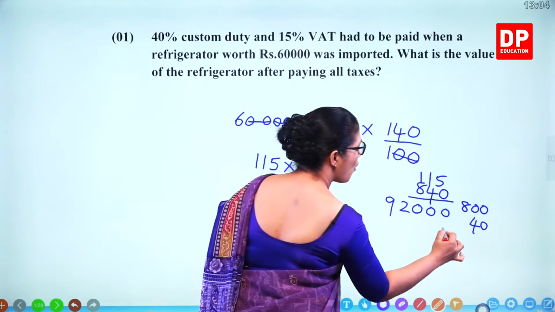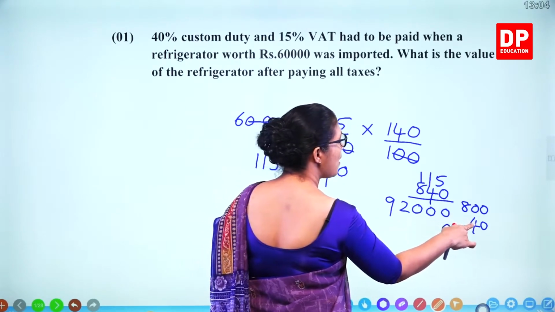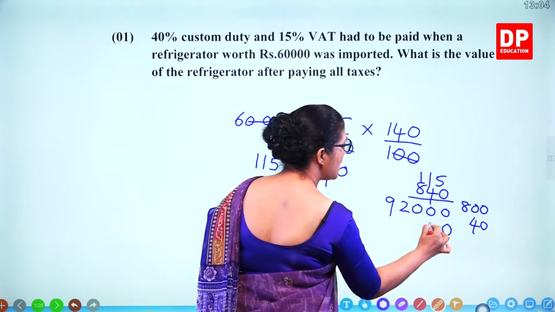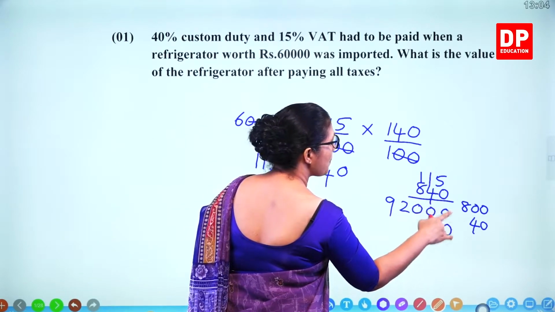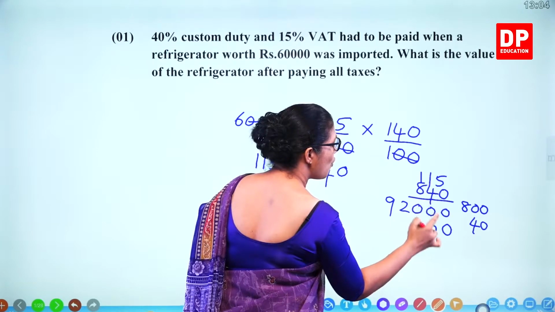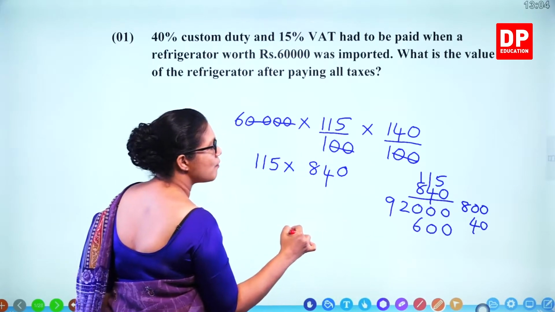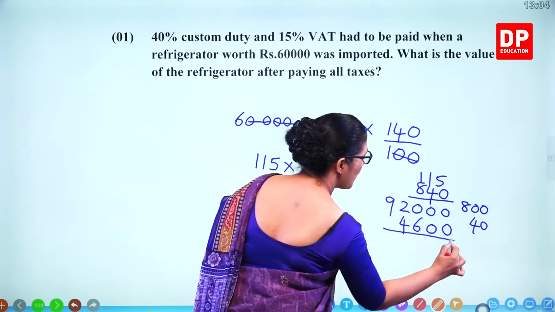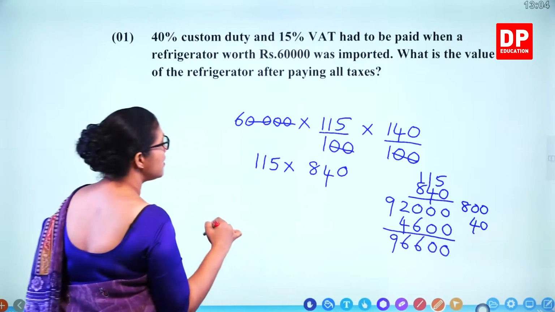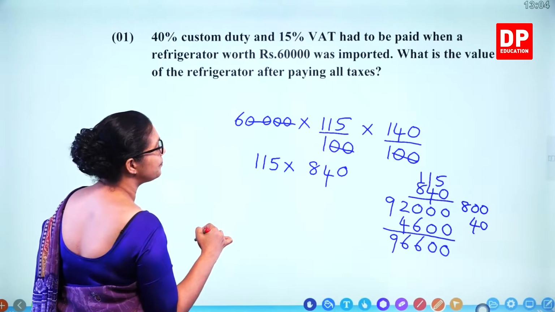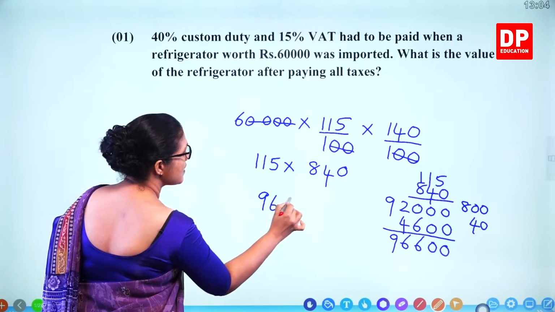Now multiply by 40. Put 0 and multiply by 4. 4 times 5, 20. 2 remaining. 4 times 1, 4 plus 2, 6. And 4 times 1, 4. So when you add it, you get 96,600 rupees.